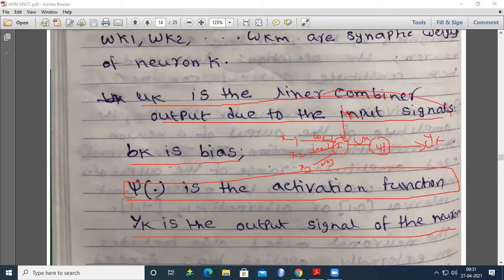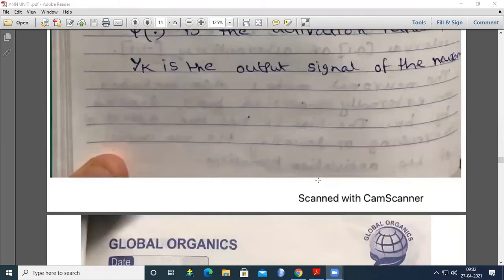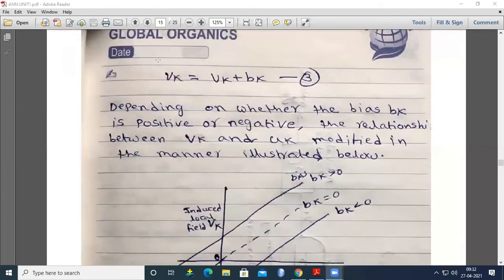You understand this model? The same model you are going to follow in our future classes. This is the neural network architecture. These are the input lines, this is the bias, this is the activation function, and this is the output yk, the output signal of this neuron. bk is the bias, uk is the linear output of the input signals, and psi is the activation function. Now vk equals uk plus bk.